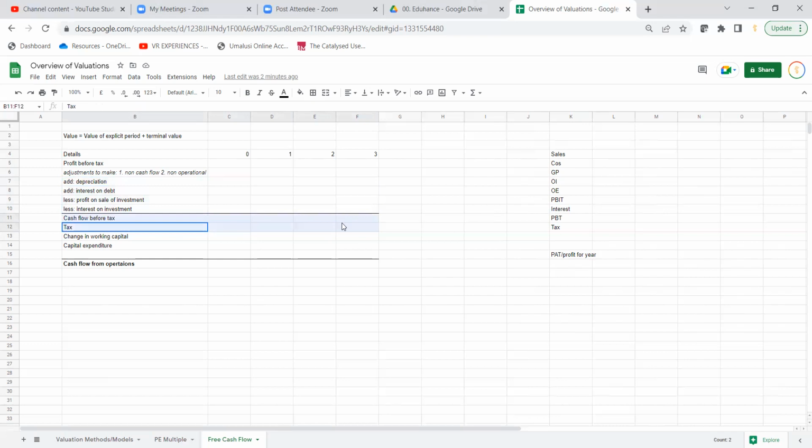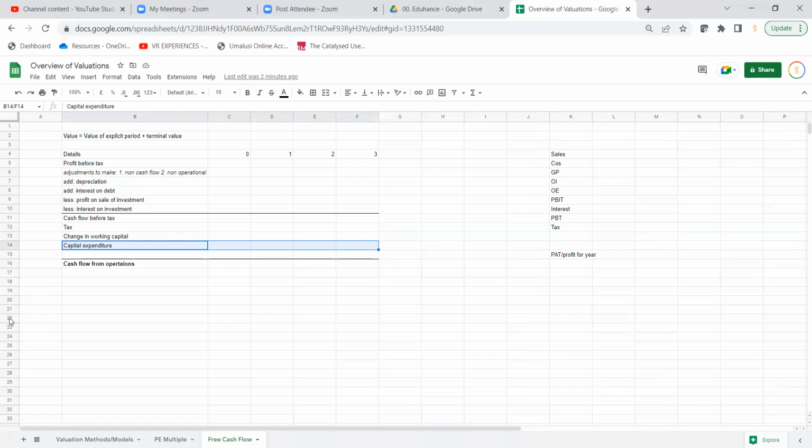Tax may be calculated incorrectly because they may not have adjusted for these items correctly to get to the correct tax number. Working capital, we don't want the balance in working capital, we want the change in working capital. Similarly over here, did they work out the capital expenditure correctly? So let me show you how to work out those numbers.